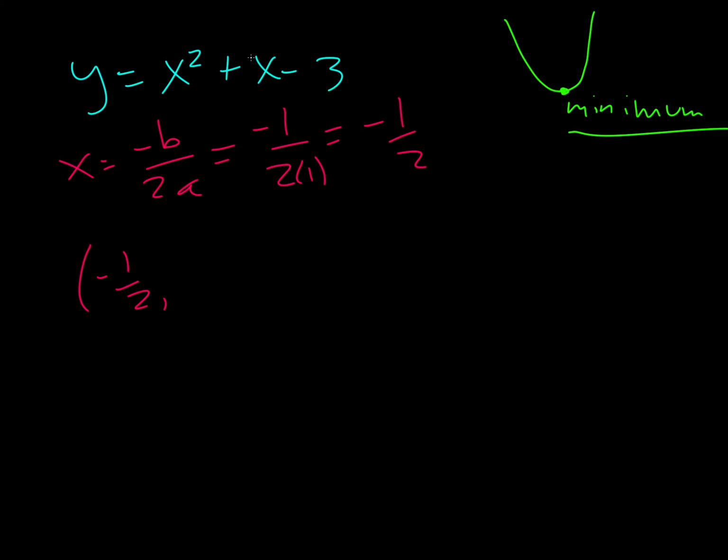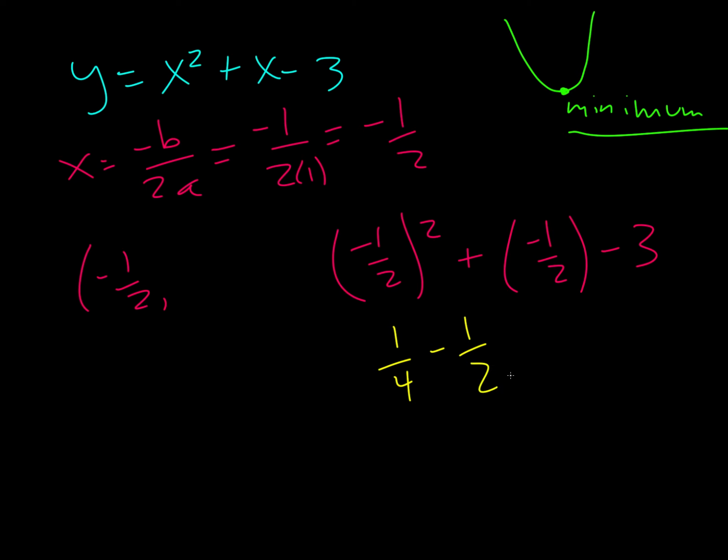So if we plug this in up here, we get negative 1/2 quantity squared plus negative 1/2 minus 3. And square the top, square the bottom. So 1/4 minus 1/2 minus 3.